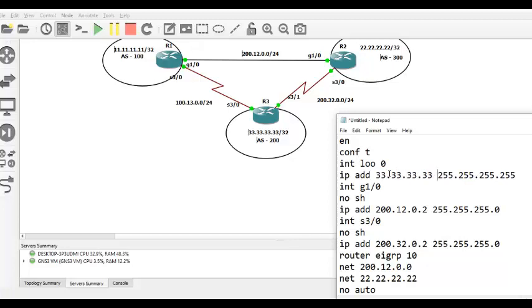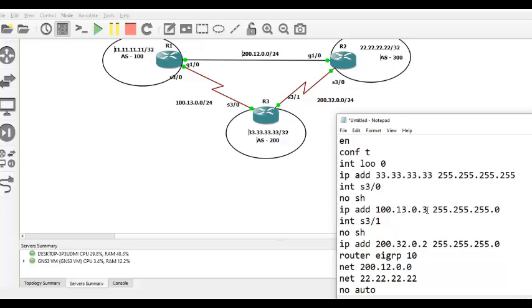Next, serial 3/0 will have 100, or let me make this 3/1, which is on the right-hand side, router 3. And this I'll change to serial 3/0. And the IP address will be 113.3.